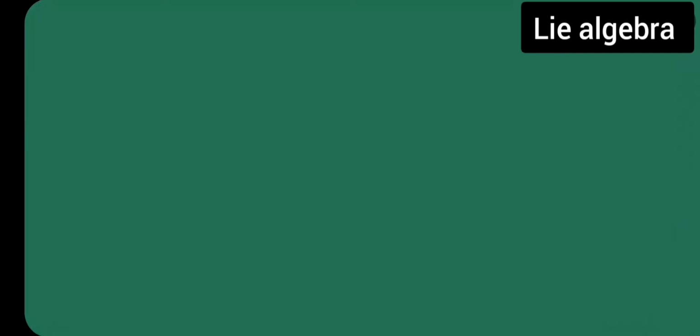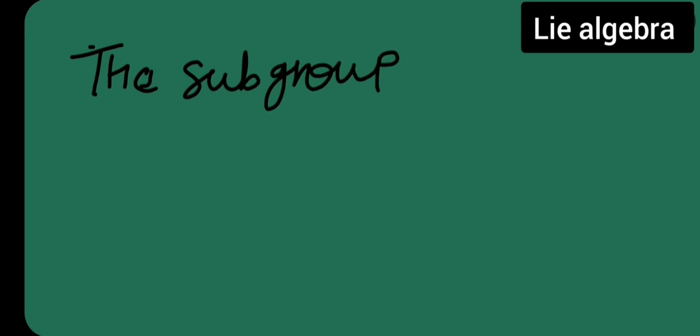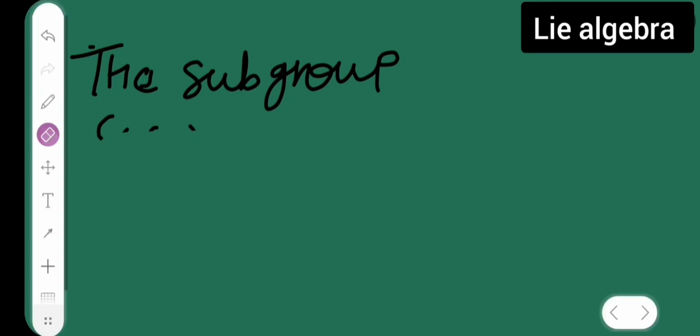Next are the subgroups. Okay, the subgroup SO(n), this is the special orthogonal group, no? Now this is equal to what?